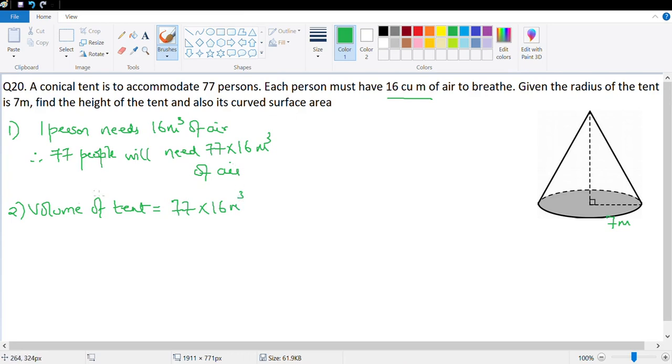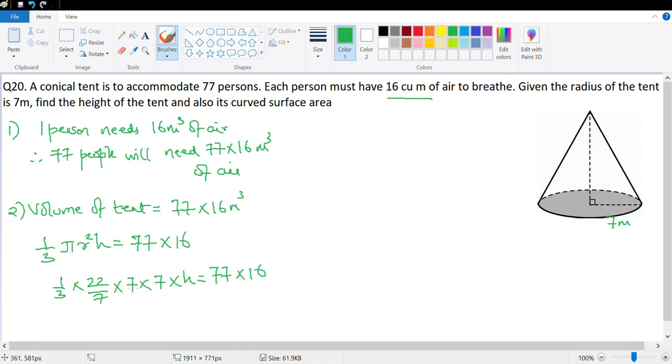Volume of tent we know is 1 by 3 pi r square h. This should be equal to 77 into 16. Well, let's substitute values. 1 by 3 into 22 upon 7 into r, that's 7 into 7 into h, is equal to 77 into 16.